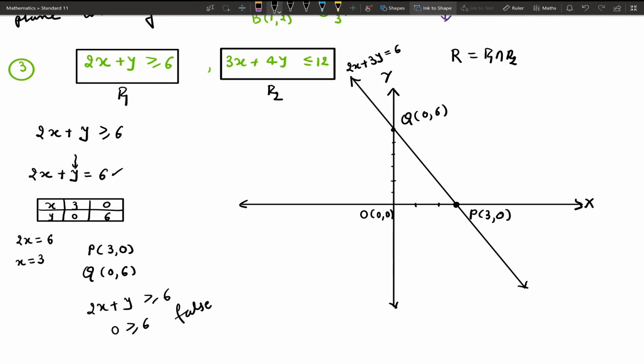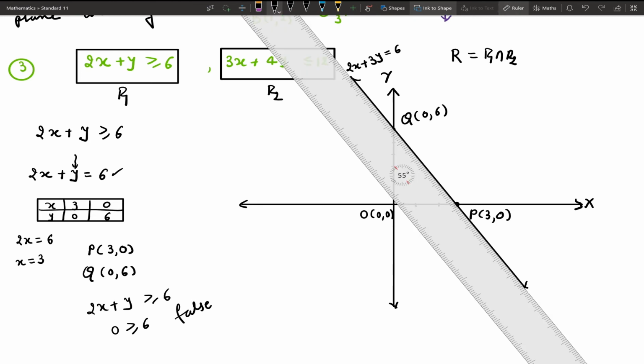That means the solution part does not contain the origin. So it is the closed half plane not containing the origin; we use the word closed half plane because the inequality is a slack inequality.